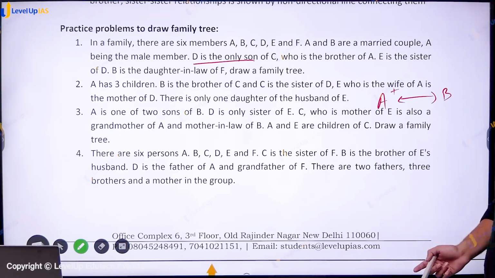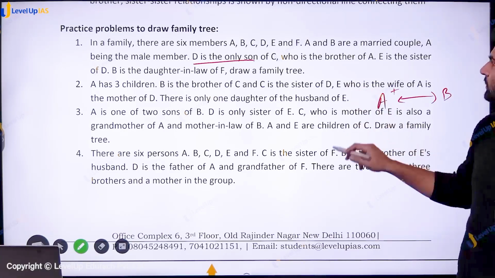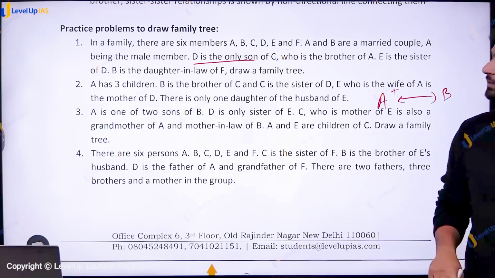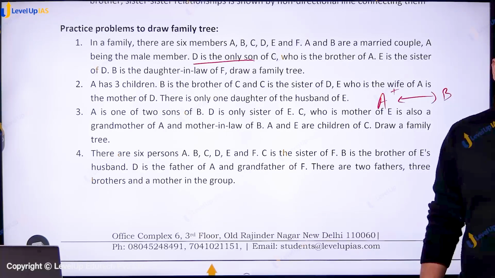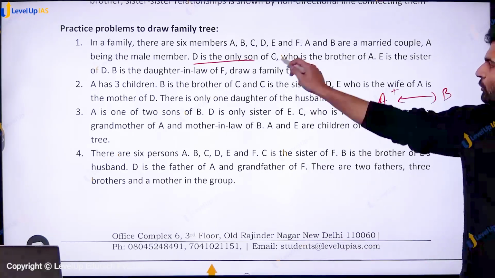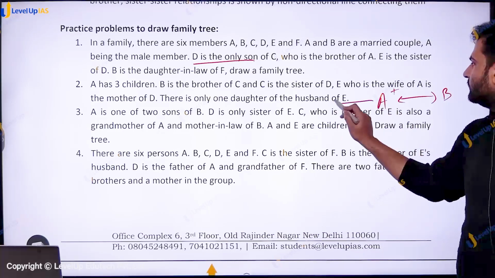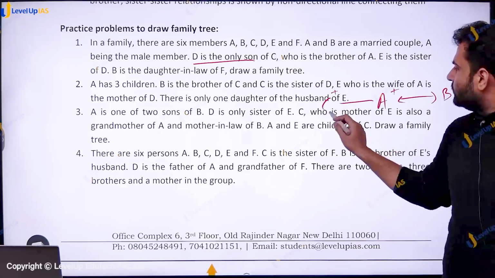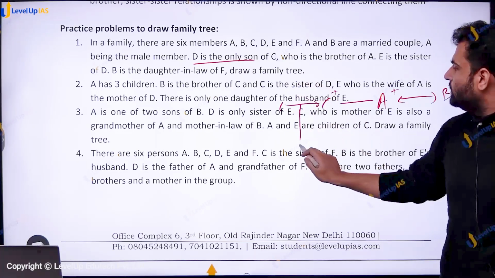C is the brother of A, and D is the only son of C. So C would be married to some person and the only son is D.